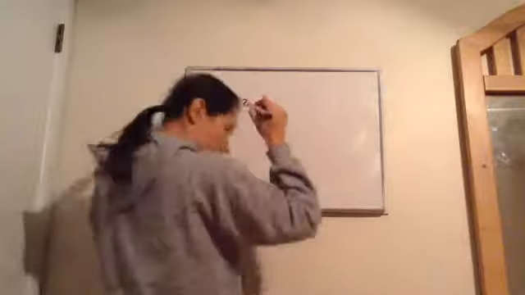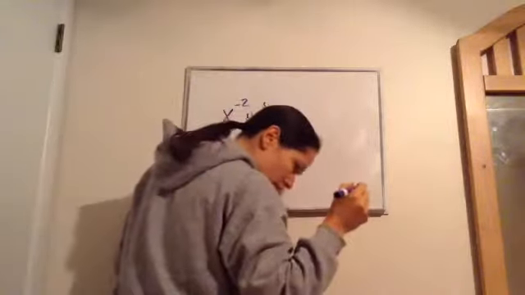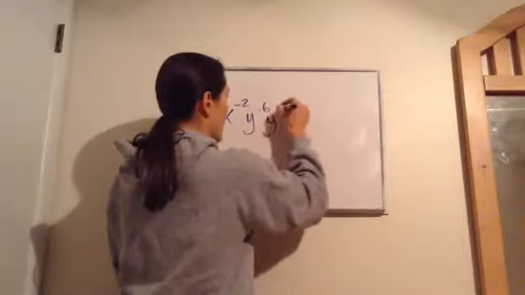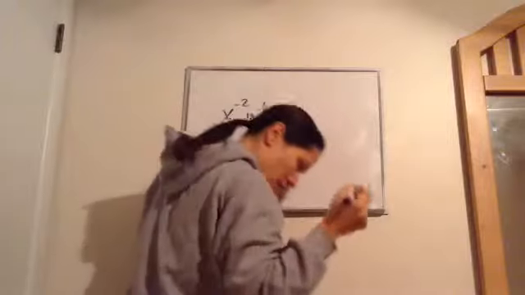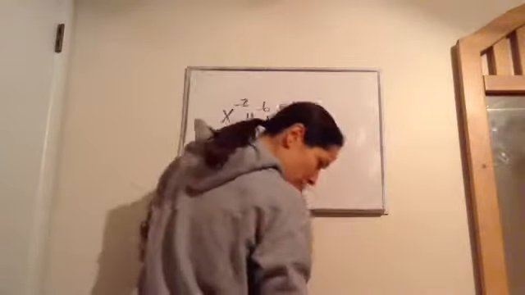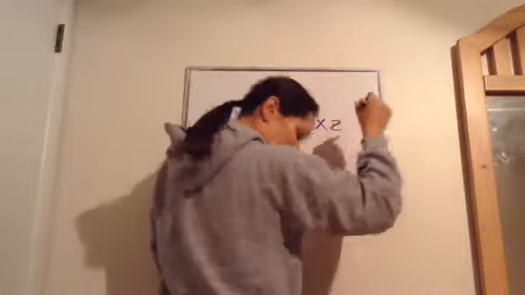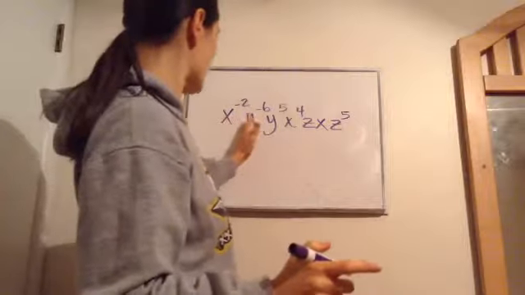Okay, so here we go. x to the negative 2, y to the negative 6, y to the 5th, x to the 4th power, z, x, z to the 5th. Now, first thing I would recommend doing, you see how these all have numbers on them?